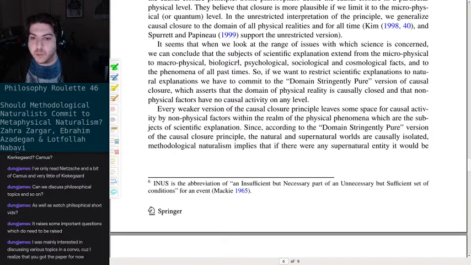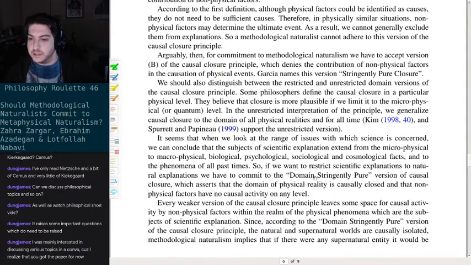It seems that when we look at the range of issues with which science is concerned, we can conclude that the subject of scientific explanation extends from the microphysical to the macrophysical, biological, psychological, sociological, and cosmological facts, and to the phenomena of all past times. So if we want to restrict scientific explanations to natural explanations, we have to commit to the domain stringently pure.